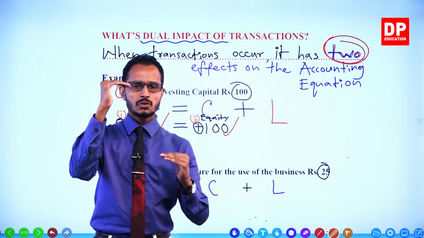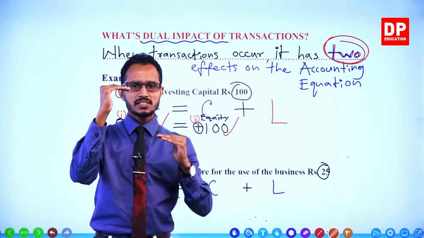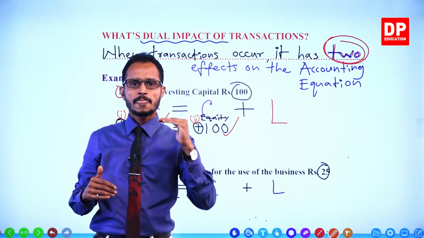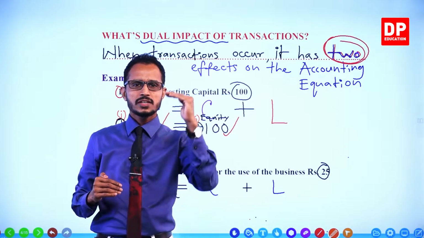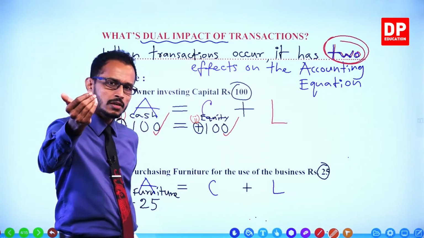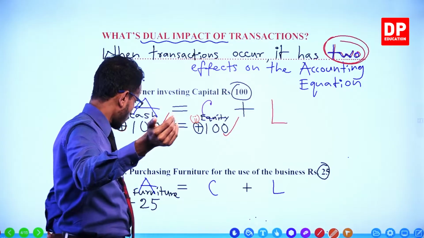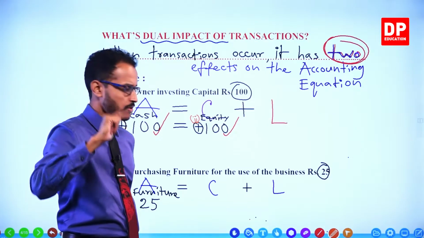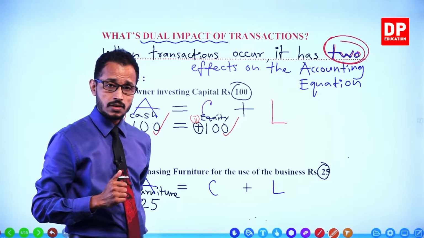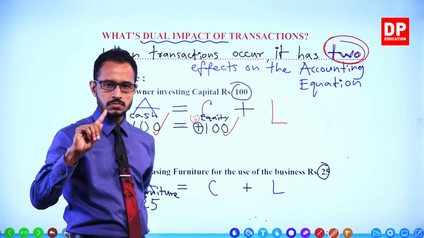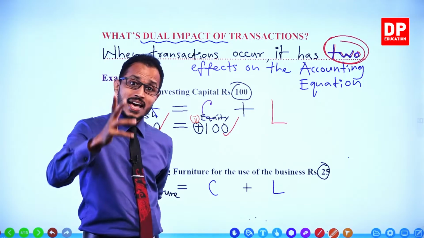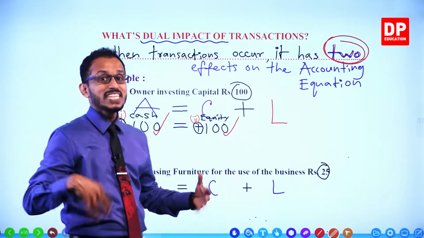What is the second impact? What is decreasing? Or maybe something else is increasing. Somebody tell me. Capital increasing? Really? No. Capital does not increase because owner has not brought or invested anything.